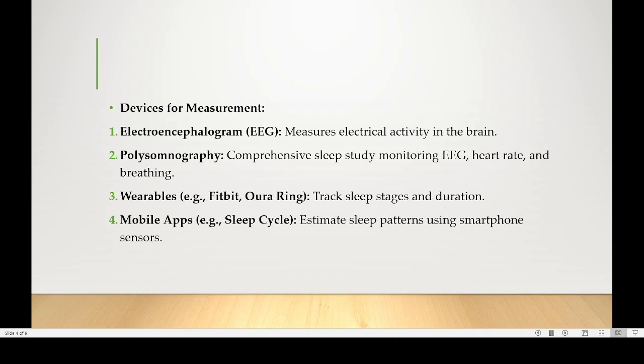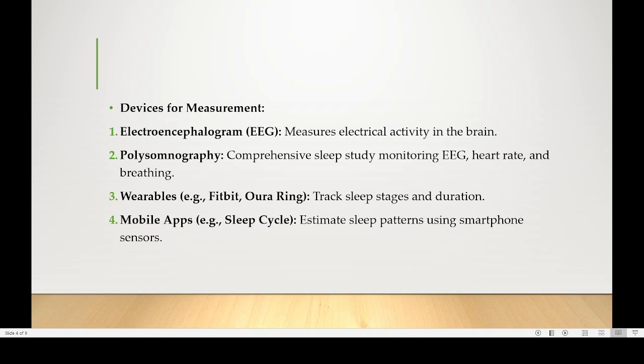There will be a lot of sensors, and this kind of sensors will be able to give you an idea of what are the problems with your sleep. And another is Fitbit sleep tracker. These are all modern devices, just like our smart watch, that will give you an idea about how much time you are sleeping.